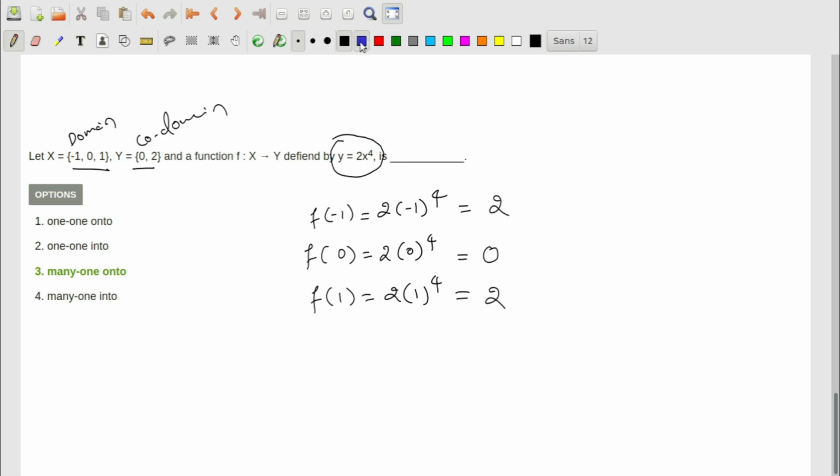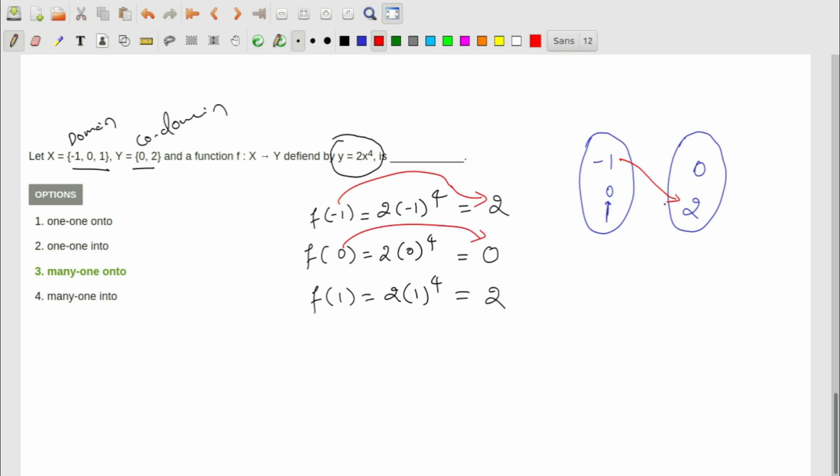So if you take sets, that is your domain and codomain. So here we have -1, 0 and then 1. And here we have 0 and then 2. That is our codomain. And -1 is related to 2, and 0 is related to 0. 1 is again related to 2.